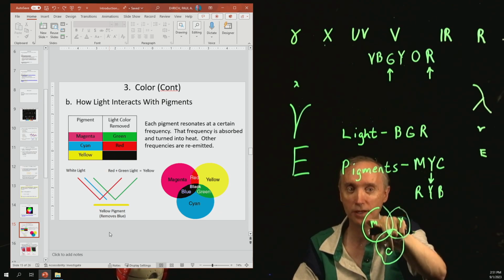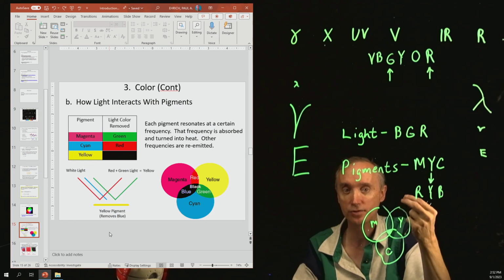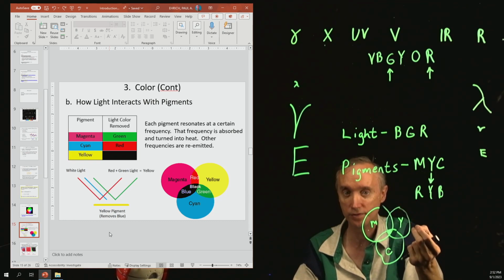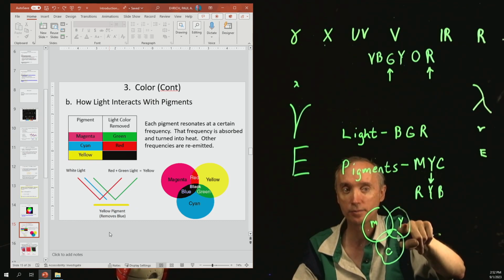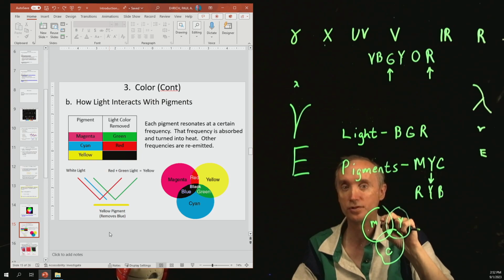So each pigment is made up of different kinds of atoms. And so magenta atoms, the atoms that compose the color magenta, will react to different frequencies than what the atoms that compose the yellow pigment will. And so it turns out that magenta absorbs the light color green.